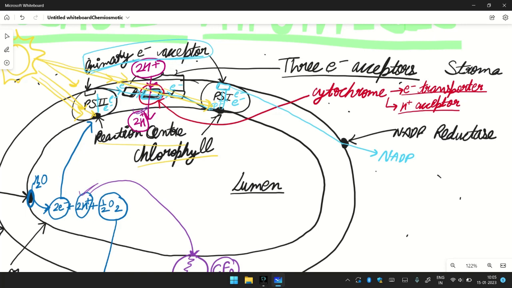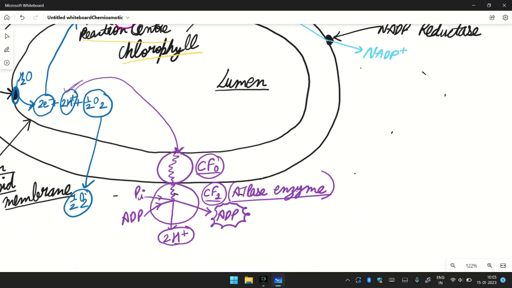For this process we require protons, and these protons are going to be transferred here. So we get protons also here, and with the help of the NADP reductase our NADP got reduced.